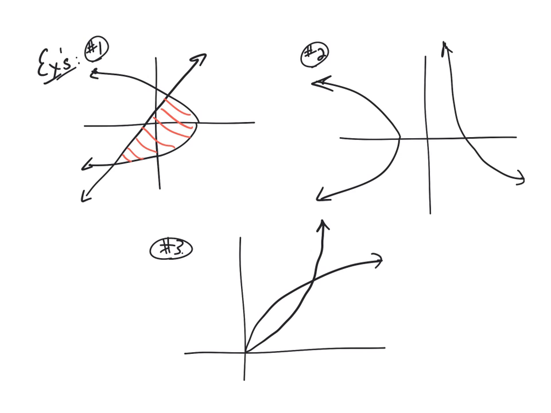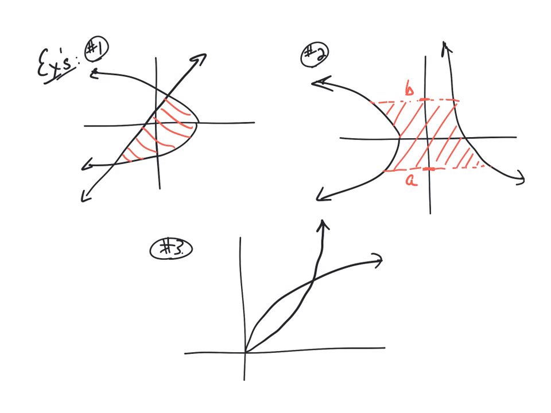Or in example number 2, we do not have the intersection of 2 curves, so we'll often have to be given 2 values between which we're going to find the area. So maybe we'd be given this value on the top side and this value on the bottom side, and we'd want to find the area in between. So I hope that's a familiar concept from our vertical problems. We'd be looking for that area.